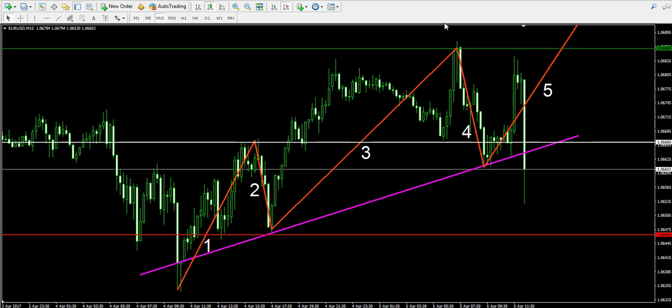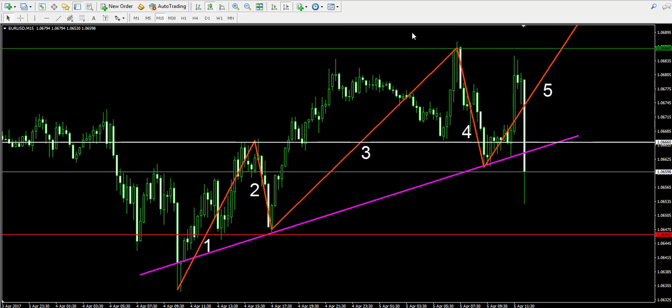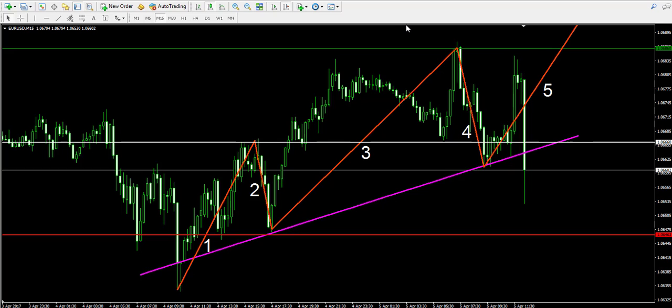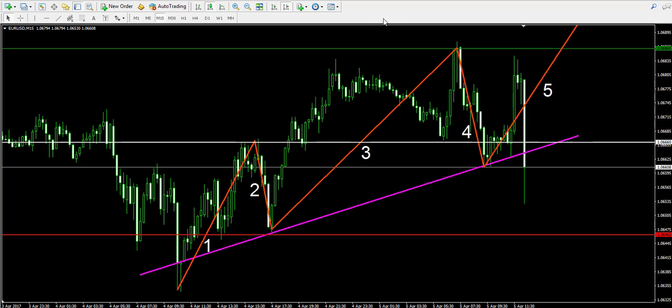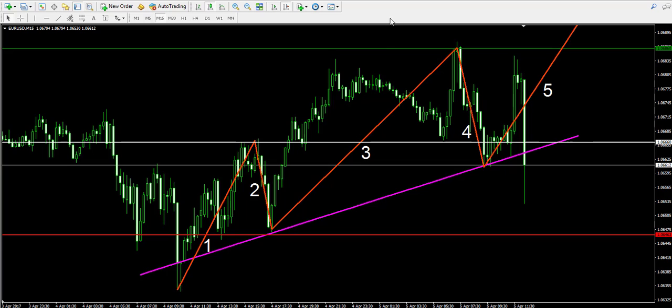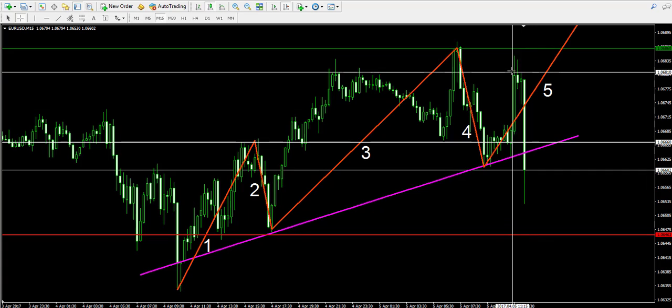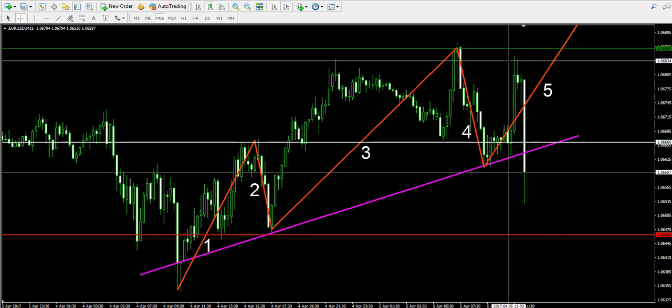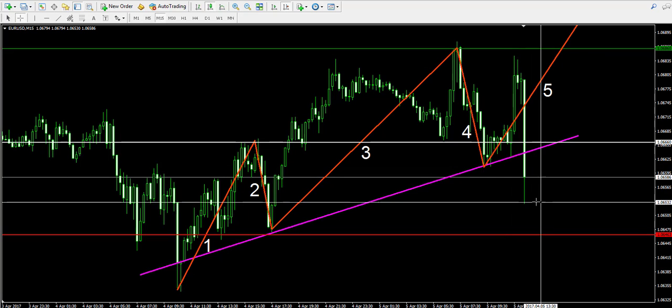The announcement was for 263,000 on a forecast for 187,000, and this stimulated the dollar versus the euro, and the dollar increased sharply versus the euro, sending the euro dollar forex pair down over here.